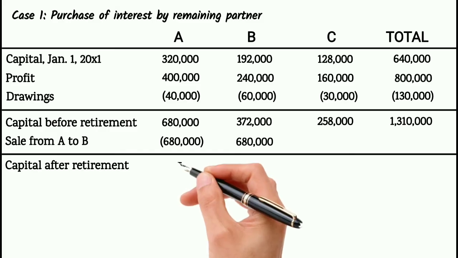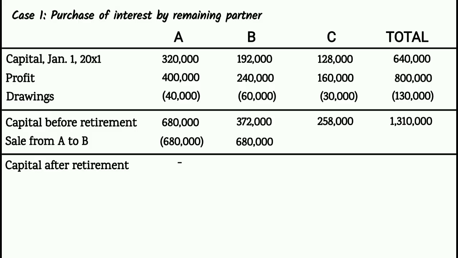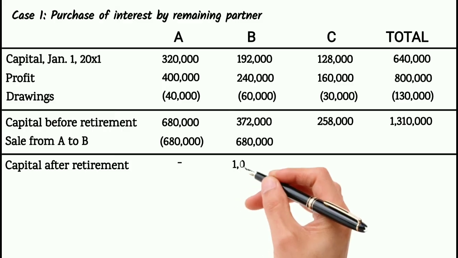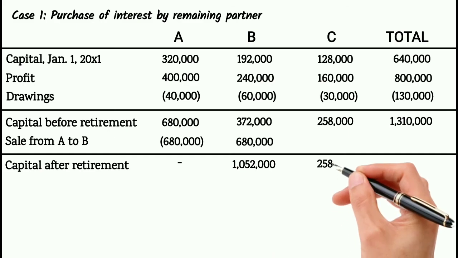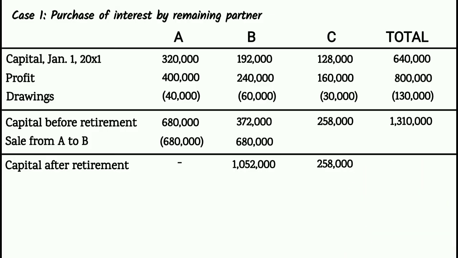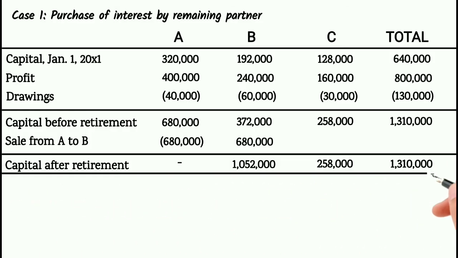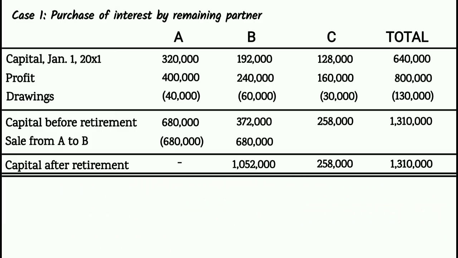Of course, kay A, 0. For B, 372,000 pesos plus 680,000 pesos. That is equal to 1,052,000 pesos. For C, 258,000 pesos. All in all, the capital balance after retirement is 1,310,000 pesos.